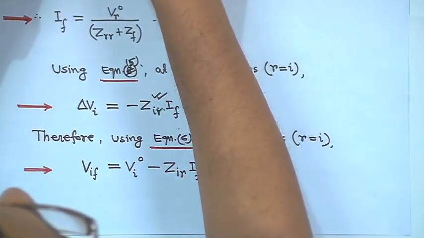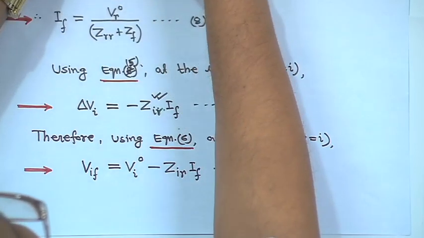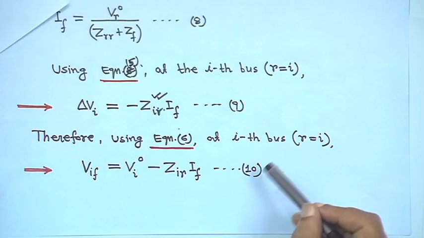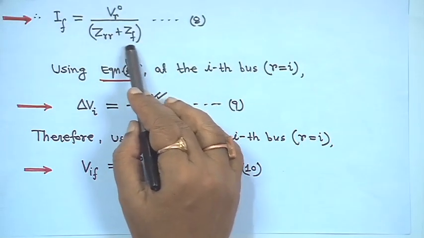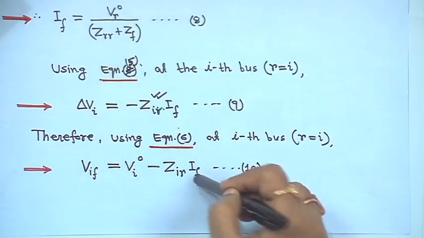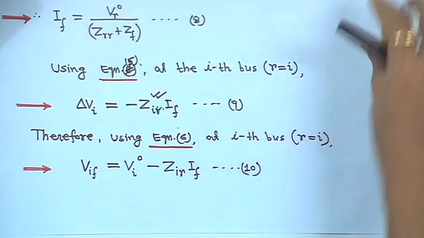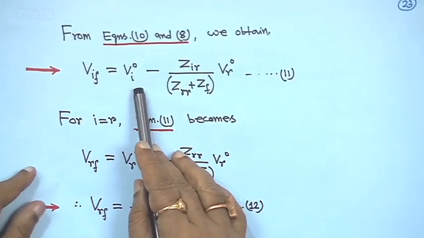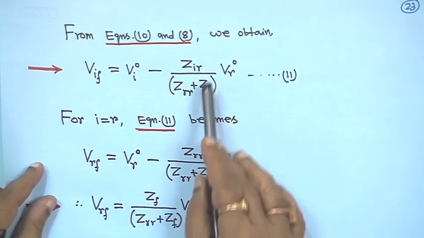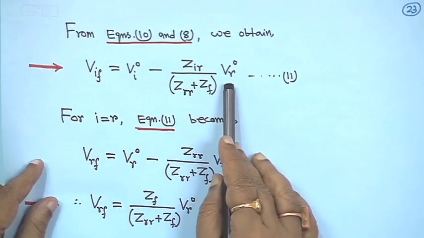That means, from equations 10 and 8, IF is equal to VR0 upon ZRR plus ZF, and this one you substitute here. If you do so, you will get VIF is equal to Vi0 minus ZIR upon ZRR plus ZF into VR0.